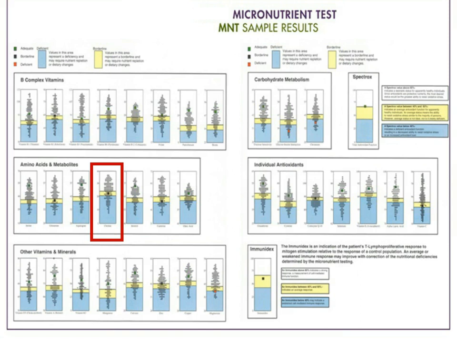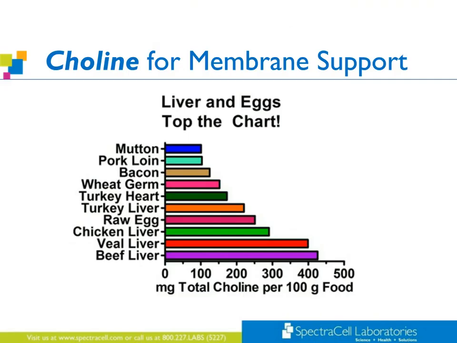So in talking with patients about where they can get choline, this is a very nice chart on the sources of where you can get choline in food. So beef liver, as you can see, and raw eggs, for example, are some of your better sources of adequate choline to help as food sources for our membrane support.